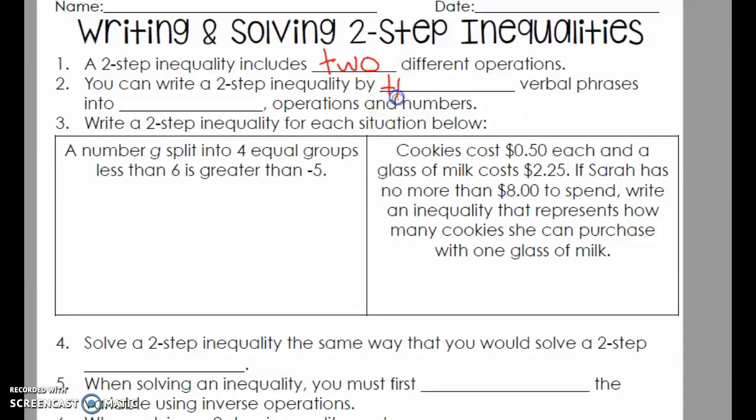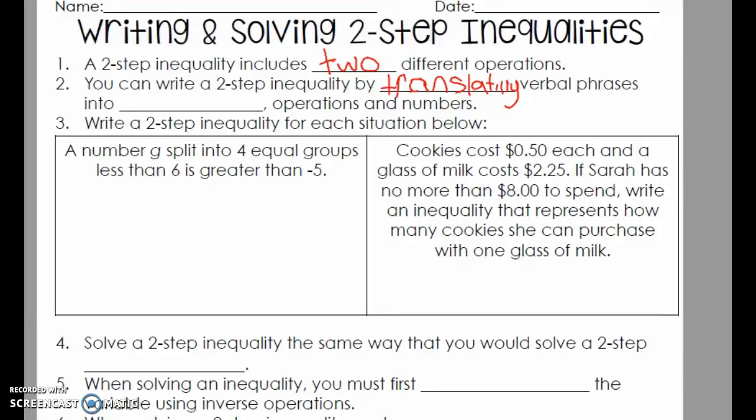Translating verbal phrases. Keep reading, Alex.